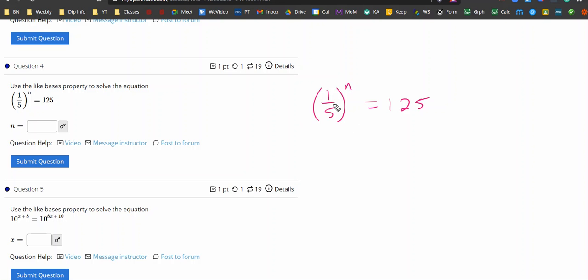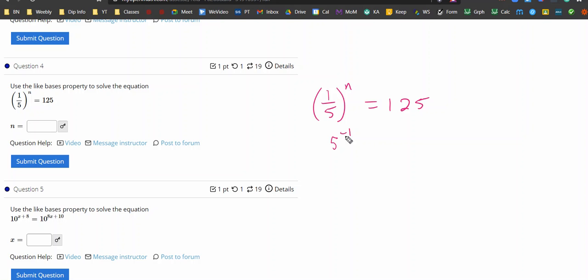But this fraction, here's the solution to this fraction: when I have 1 over 5, I can write that a little differently, right? Isn't that the same thing as saying 5 to the power of -1, right? 1 over 5 and 5 to the power of -1 are the same thing.